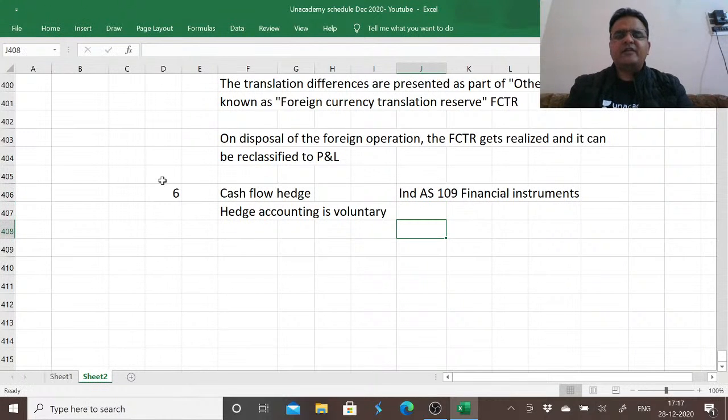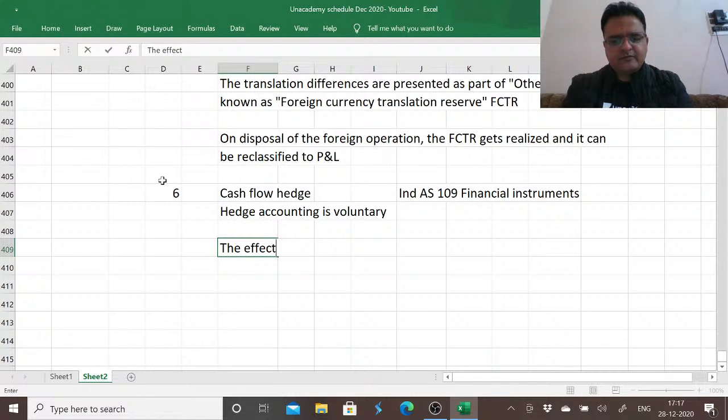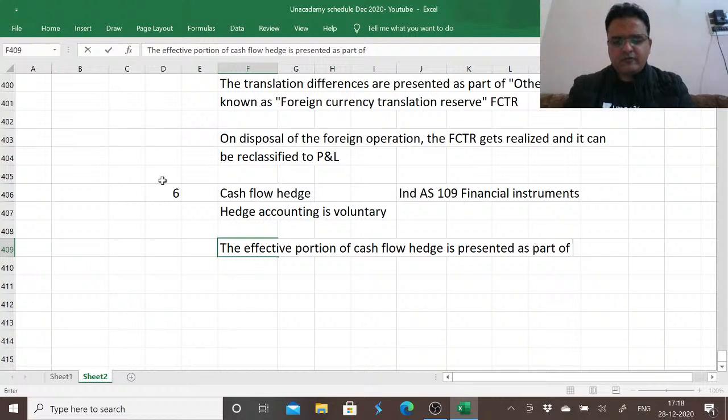Now in case of fair value hedge, the difference is taken to P&L, but in case of a cash flow hedge, the effective portion of cash flow hedge is presented as part of OCI, that is other comprehensive income.